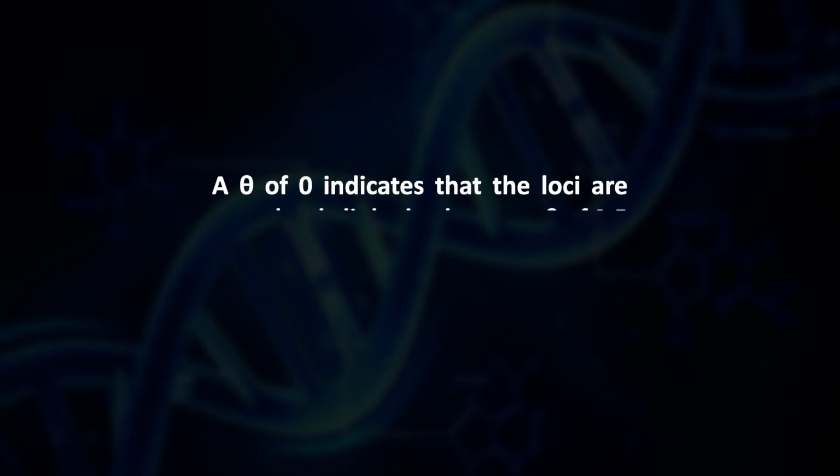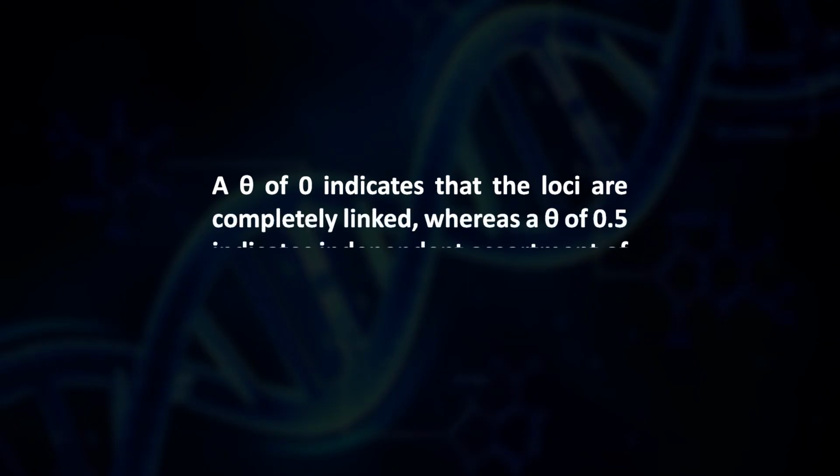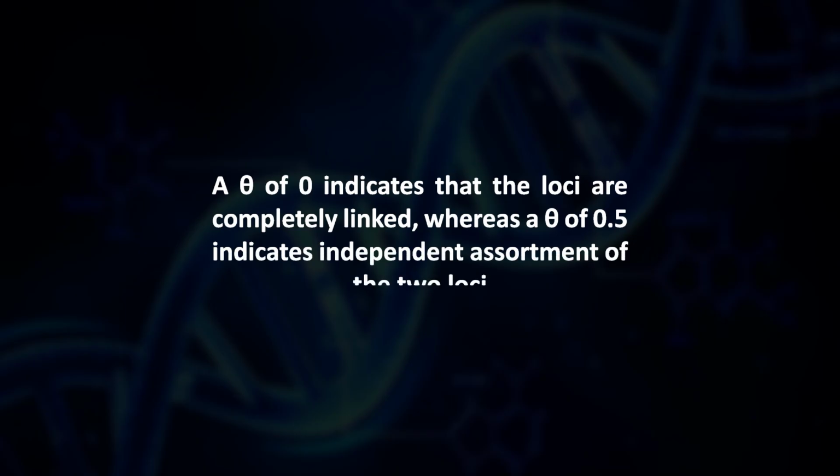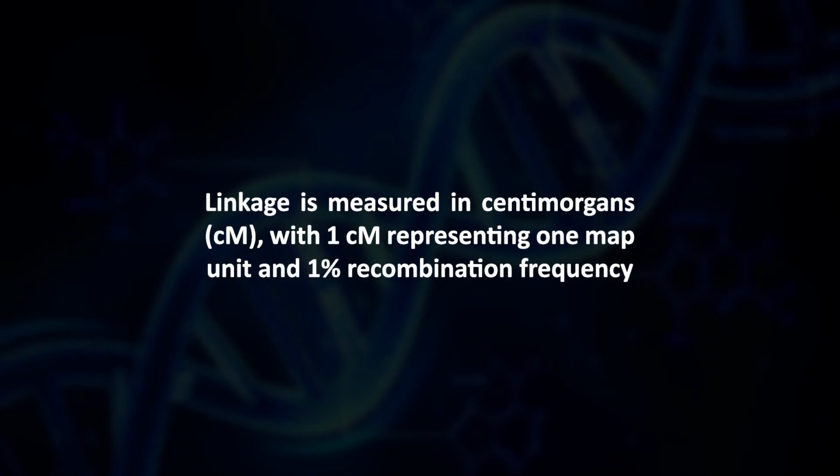A theta of 0 indicates that the loci are completely linked, whereas a theta of 0.5 indicates independent assortment of the two loci. Linkage is measured in centimorgans, that is cM, with 1 cM representing 1 map unit and 1% recombination frequency.